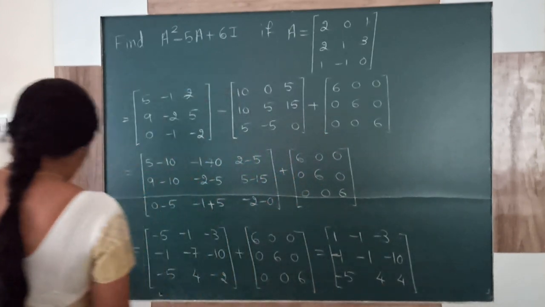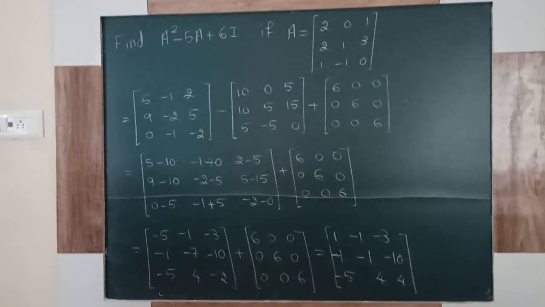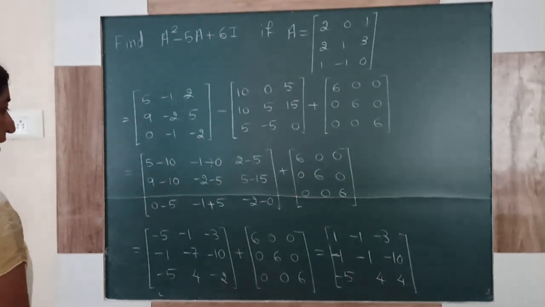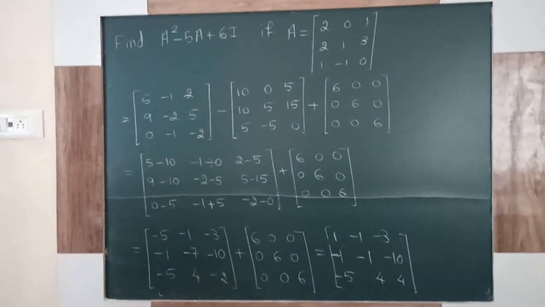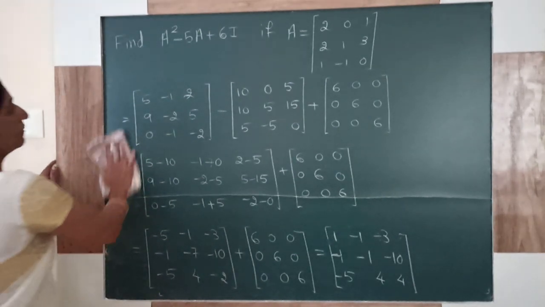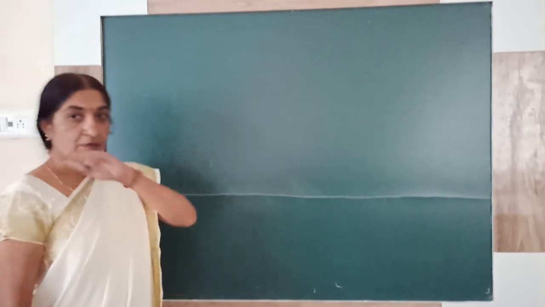So this is the answer we got: [1, -1, -3; -1, -1, -10; -5, 4, 4]. So moving to the next one. In the next class I am continuing with the next examples.